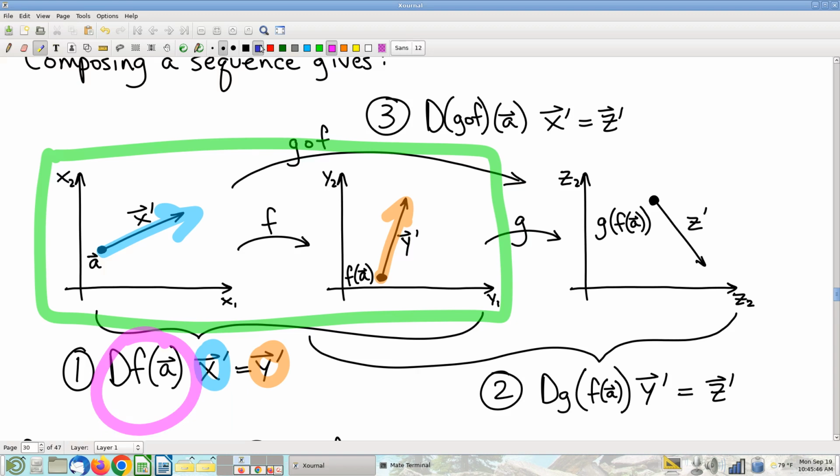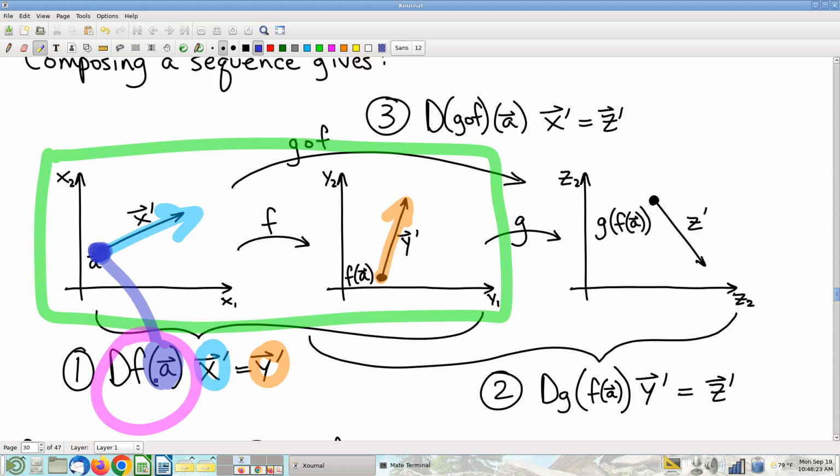Well, evaluated at the point where I am. Don't forget that when I say I want to relate this velocity to that velocity, I'm at this point and moving with that velocity, and then I want to keep track of where my image is going and what that image velocity is. So this point is where it's all evaluated: the point where you're at, from which you're moving with that input velocity.